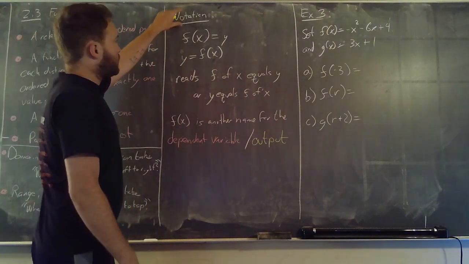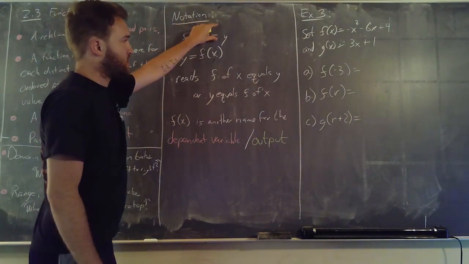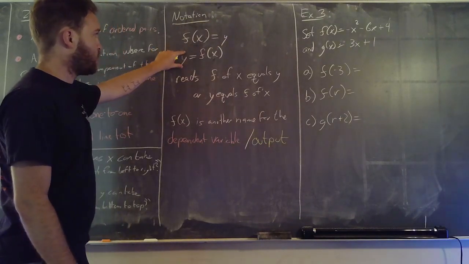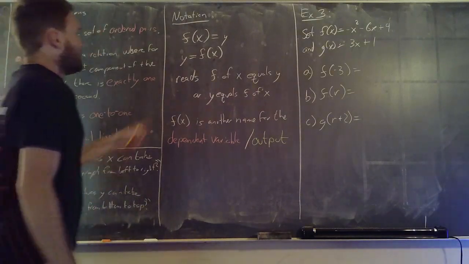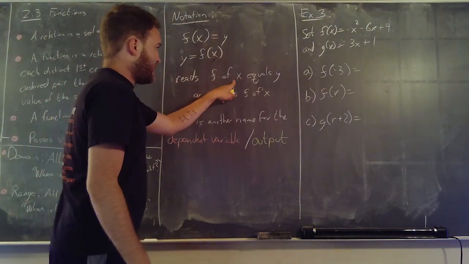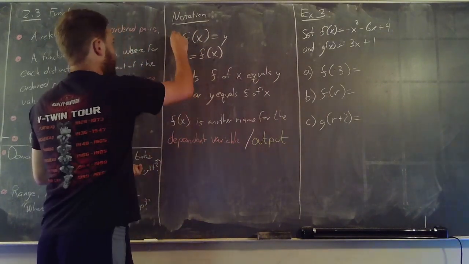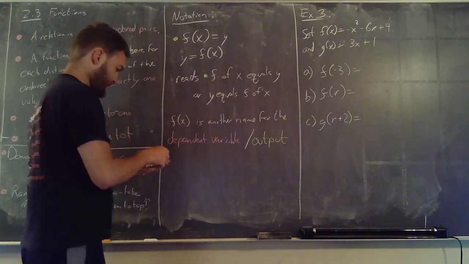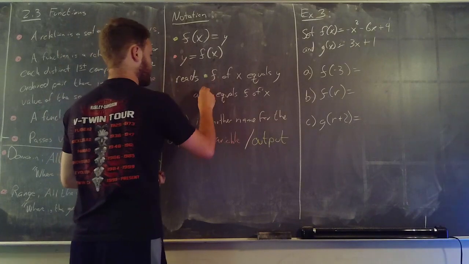So when we're dealing with functions, we have the notation f of x, and we usually say that it's equal to y, or in more classrooms you'll see y is equal to f of x. Either way, doesn't much matter. This reads f of x equals y on that first line right there. So maybe I could color code that. This green dot goes with this green dot, and this pink dot goes with this pink dot.